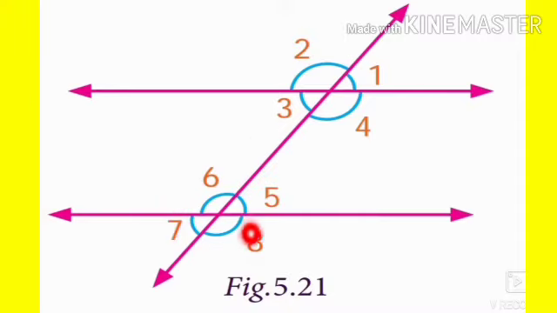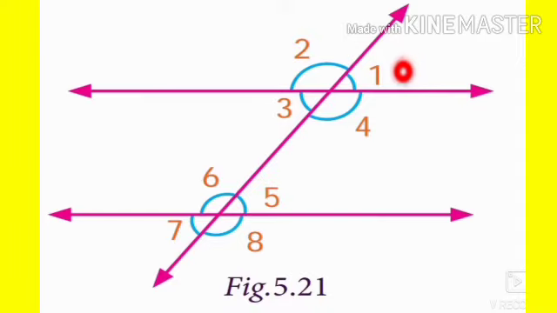So 7, 8, 1, 2 are exterior angles, and for 7, alternate means opposite. Here 1 is opposite to 7, and also lies in the exterior region. So the angle that is alternate exterior to angle 7 is angle 1.